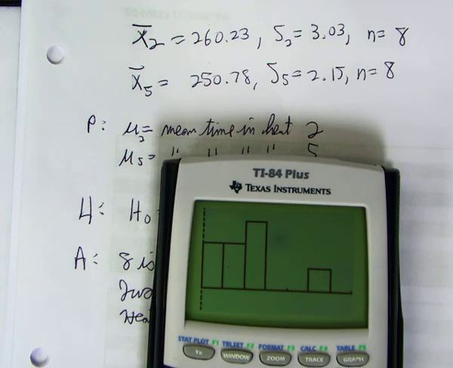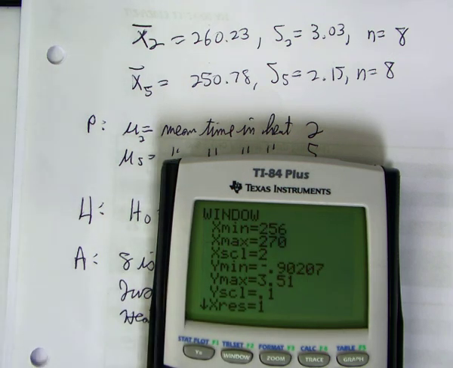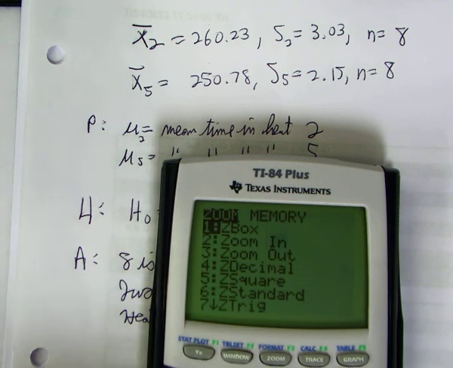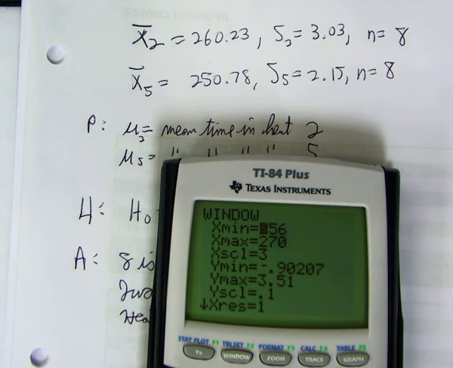Okay, so that is roughly symmetric. Let's see, maybe if I go by 3s. Yep. Let's see. Yeah, let's just stay with 2s there.